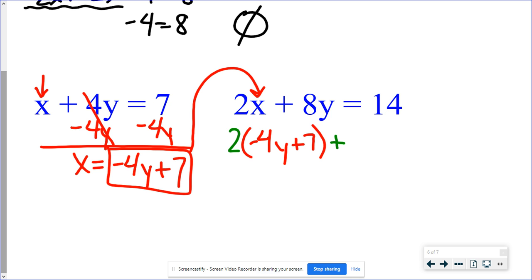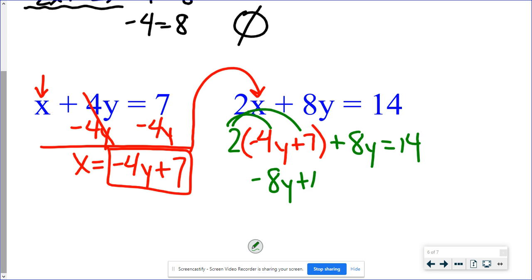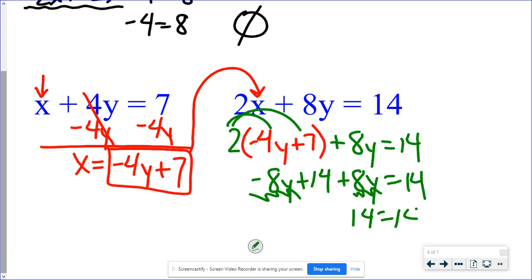Plus 8y equals 14. Negative 8y plus 14 plus 8y equals 14. And again, these y's are going to cancel each other out. So I end up with 14 equals 14. If I had graphed this, you would find that these two are exactly the same lines. Typically you would look at this and you'd say, it's any real number. This is all points on the line.